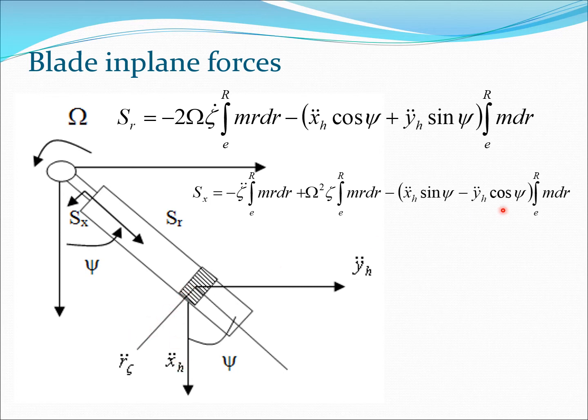And then yh double dot has a component in the cos direction. So essentially these are the X component and R component of the S force, which is the local force here. And then we are going to sum this across all the rotor blades to get the H and Y forces.